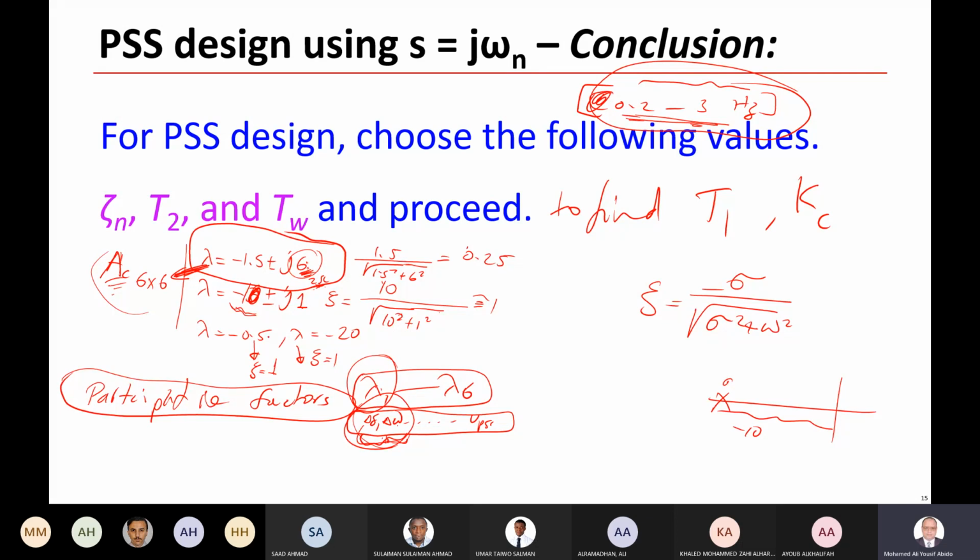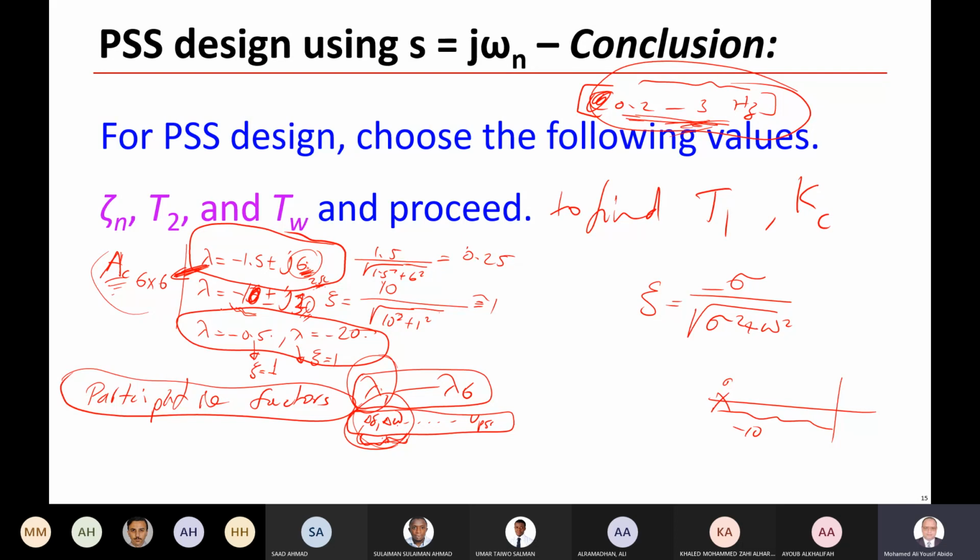You can see there is no frequency here. These eigenvalues are out of the picture, and here the frequency is very low, or this could be, for example, 30. If you divide by 6, that is about 5 hertz, out of this range, so you can neglect this.